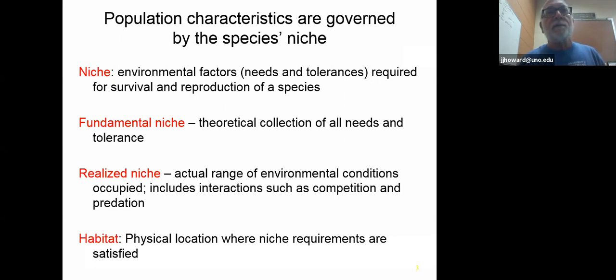And so they don't usually get to occupy their entire fundamental niche. They usually get to occupy only a part of it. So the realized niche is the set of conditions that a species can actually occupy in a given community based on its competition and predation relationships with other species.